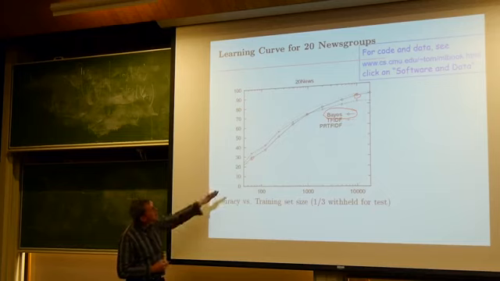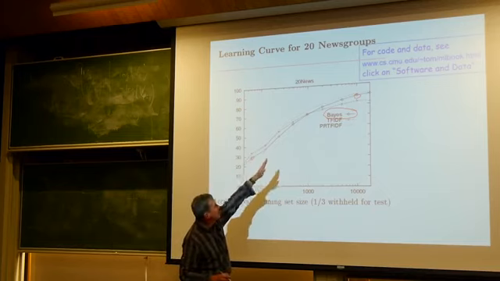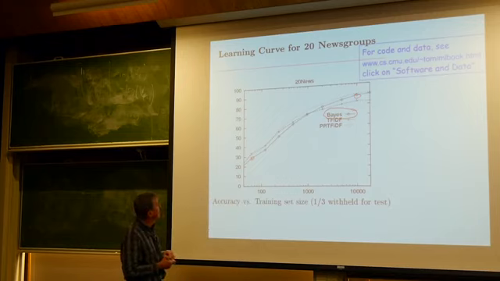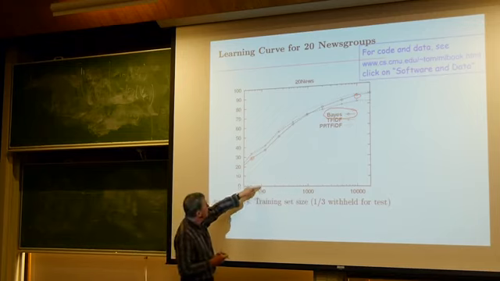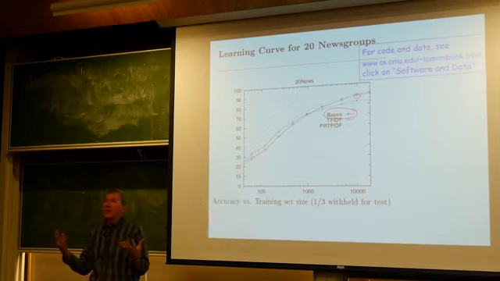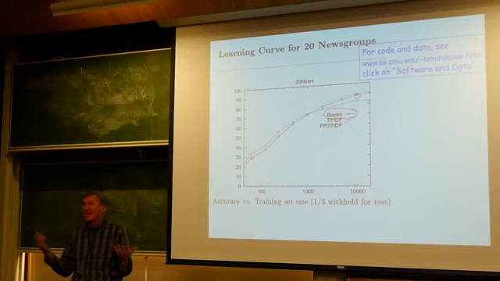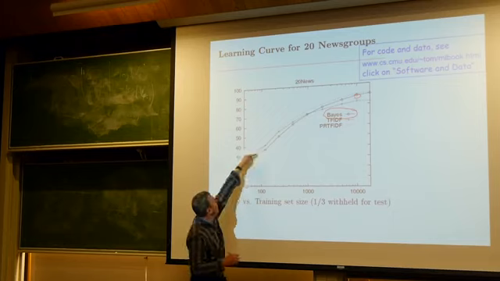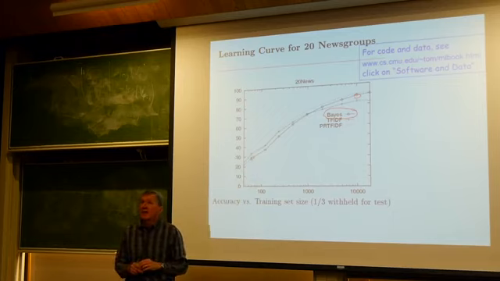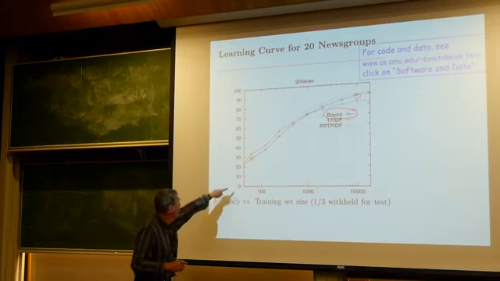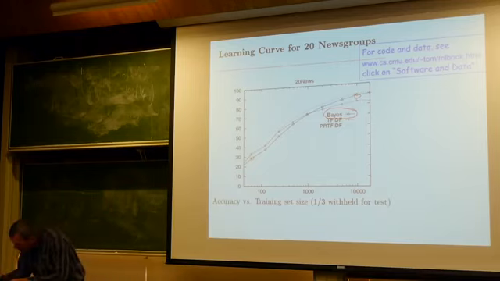So you see that, as you might expect, the more training data we use, the better the accuracy gets. But even with 100 training examples, that's not very many, just 5 documents for each of the 20 newsgroups, we're already getting 35% accuracy, even though we have to choose one of 20 values, and chance is down here at 5%.